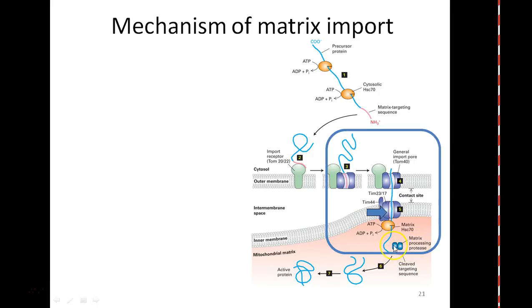And when the whole protein is translocated through this contact site into the matrix, we have cleaving of this matrix targeting sequence. There are matrix proteases that are responsible for cleaving the signaling sequence. The signal sequence needs to be cleaved in order for this protein to acquire its native final conformation.